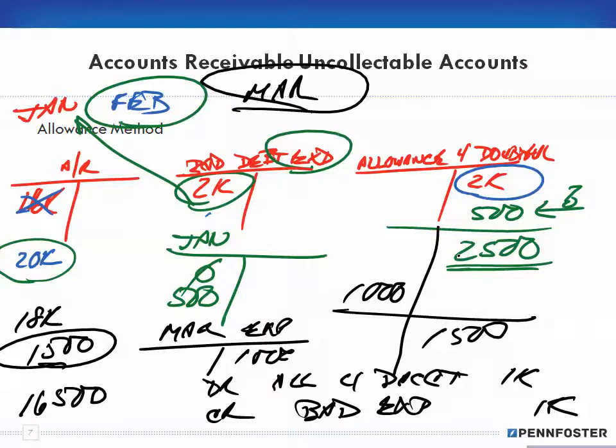And when you figure out what that amount should be, whether it was $500 or $1,000, you're going to make the journal entry to the allowance for doubtful account and the bad debt expense account in order to make sure that your allowance is correct, so that your net realizable value of your accounts receivable is correct. Okay, and that's kind of how it works.